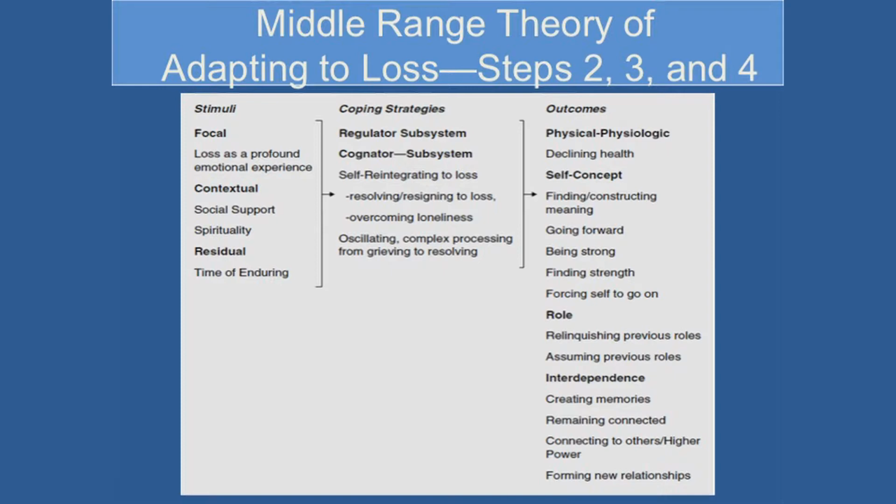Then in the 3rd column there, the outcomes represented include in the physiologic and physical declining health, primarily of the caregivers.